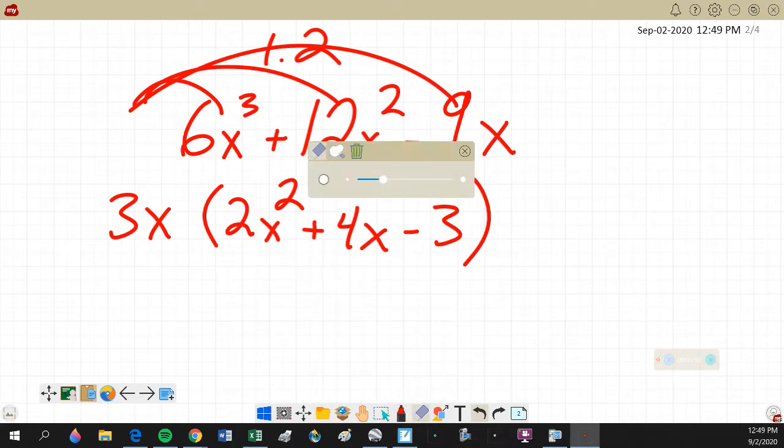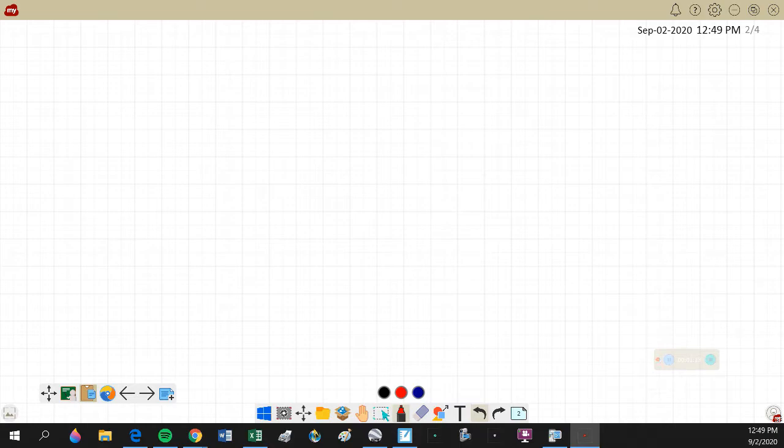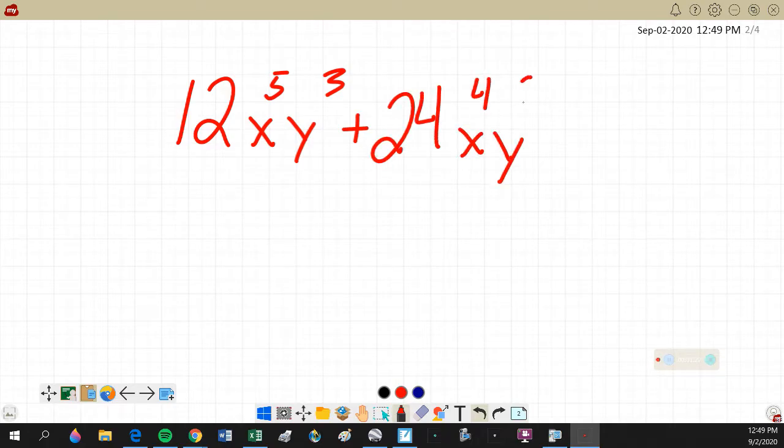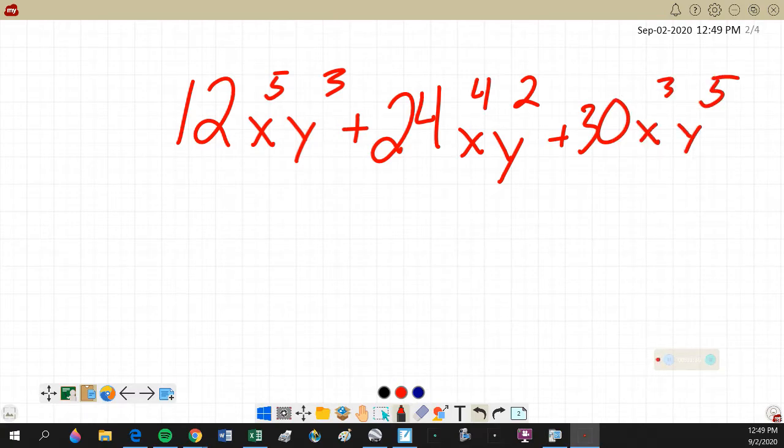So let's say I had another expression. What is the biggest common factor, the greatest common factor among all of those? 6.